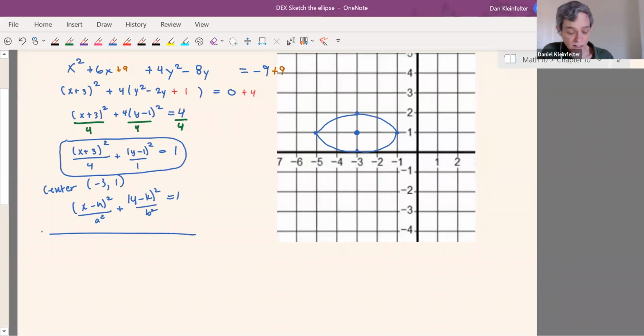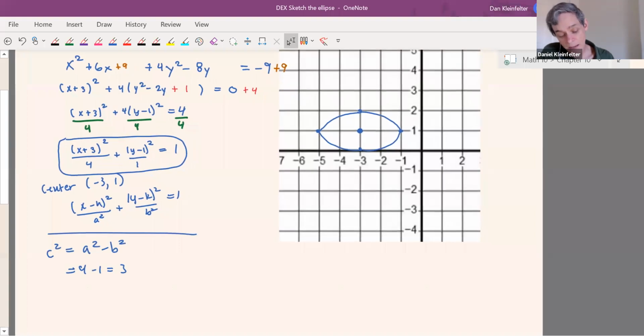We weren't asked to do it, but I feel like finding the foci too, so let's go ahead and do that. It's a squared minus b squared, so that's 4 minus 1 or 3. So c is equal to √3. Now we've got to think about where those are going to be, right? Because they're going to have to be on the major axis.